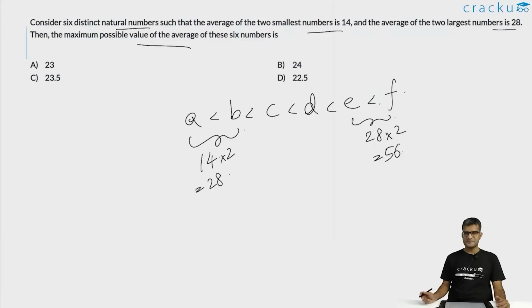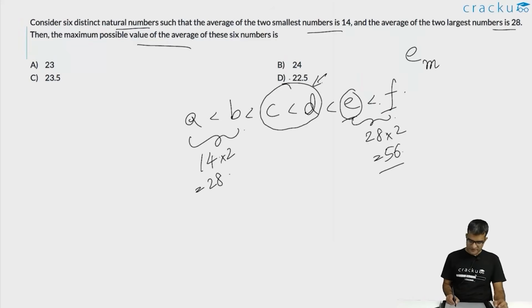In order to maximize the average, we have to maximize the sum of C plus D. What is the maximum possible value of D? That will be dependent on the maximum possible value of E, because we know for sure that D is less than E. And if you know that E plus F is equal to 56, that is, the average of E and F is 28, the maximum possible value of E will be 27.